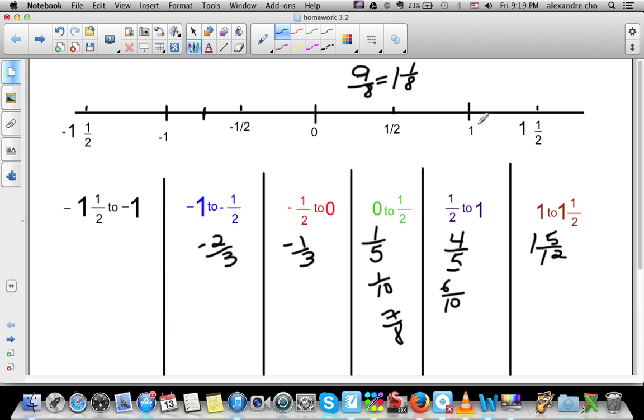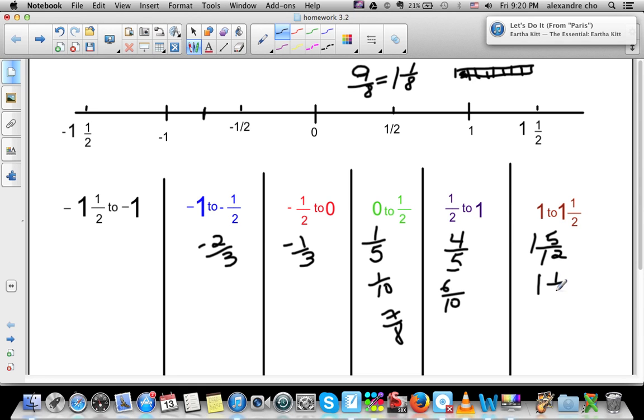So you know it's going to be more than 1. Let me draw the 1/8 here for you. It's 1 full chocolate bar and a little piece of a second chocolate bar. So that would be around here. 1 and 1/8.